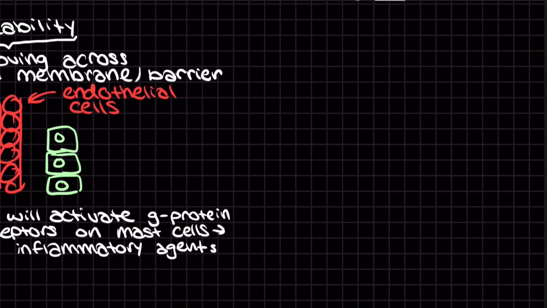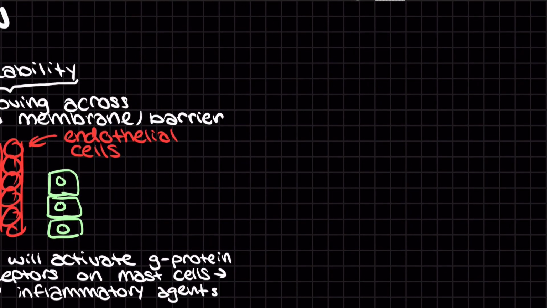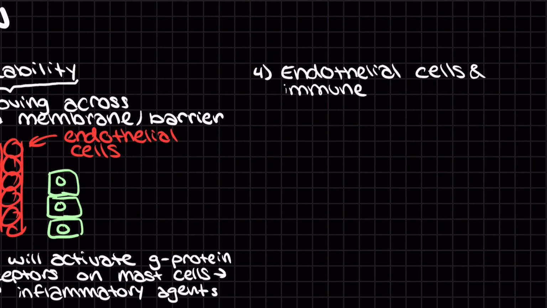The last function of these small fragments ties back to the first, in the idea of moving cells across the walls of blood vessels. The cells that make up the blood vessel walls, the endothelial cells, and our immune cells will produce what are known as adhesion proteins.